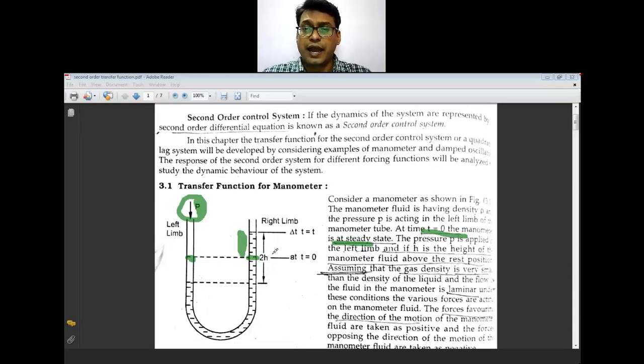So the change observed will be 2 times h. One h is this and another h is this. So the total change is nothing but 2 times h.